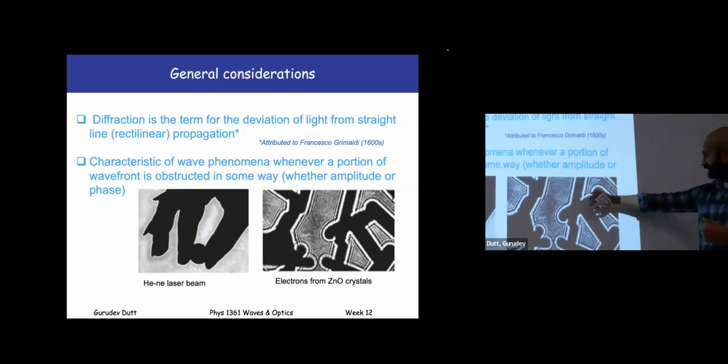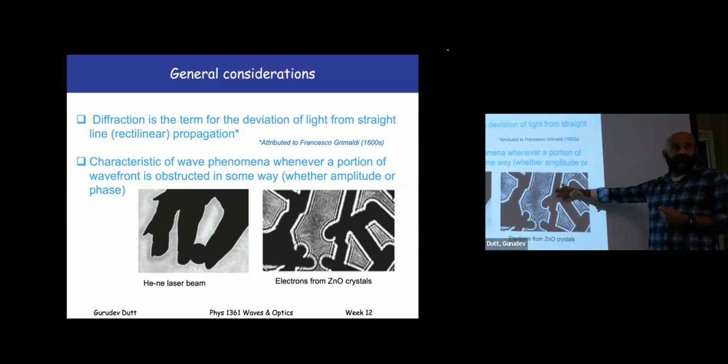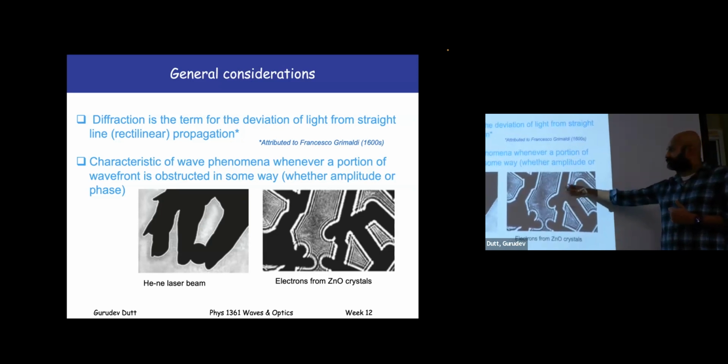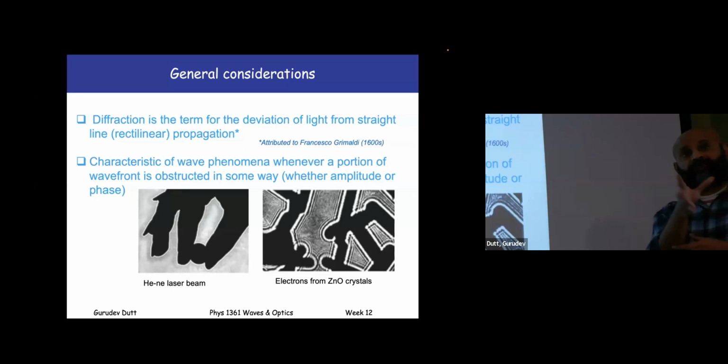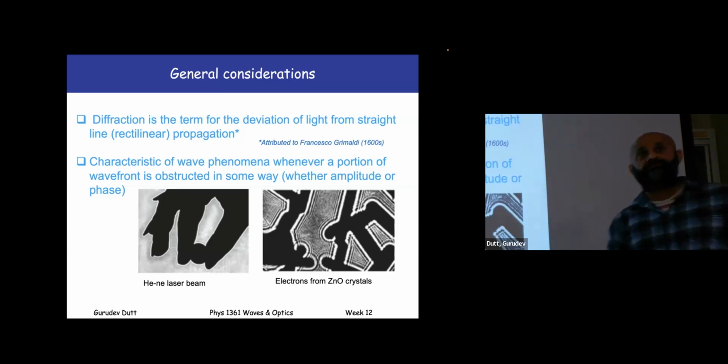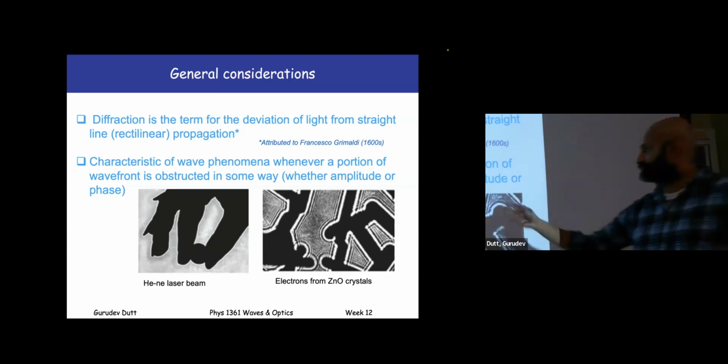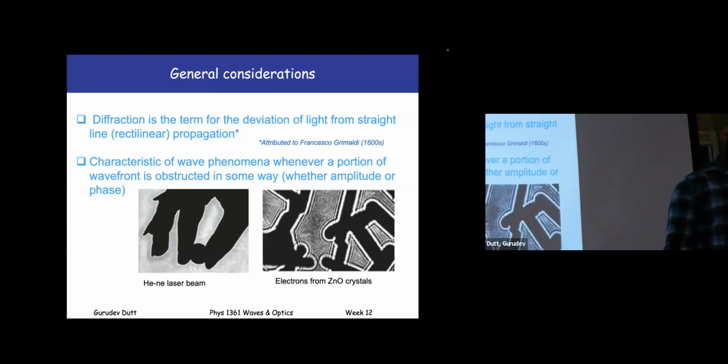This is electrons diffracting from crystals of zinc oxide. Some of this is just due to the fact that they may not be getting directly absorbed, but their phase is changing as they go through this crystal, especially near these obstructions. So those electrons are essentially getting changed.